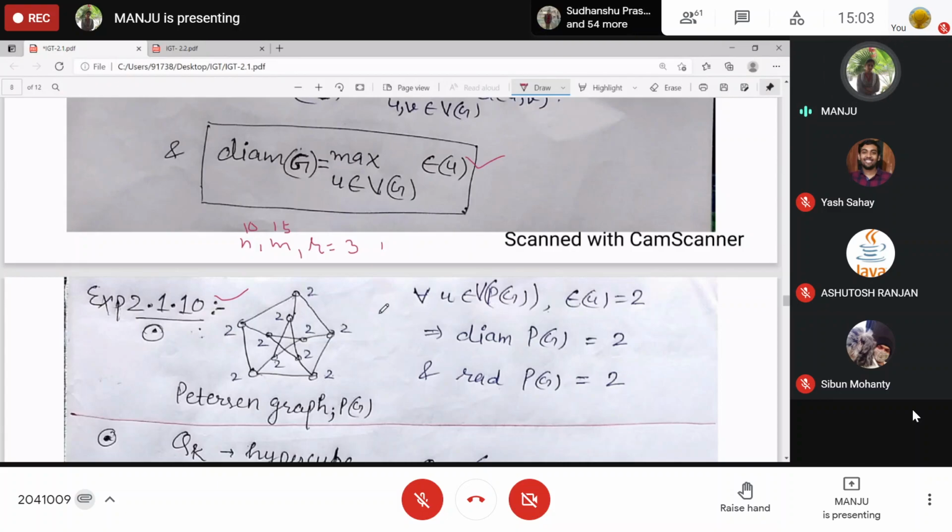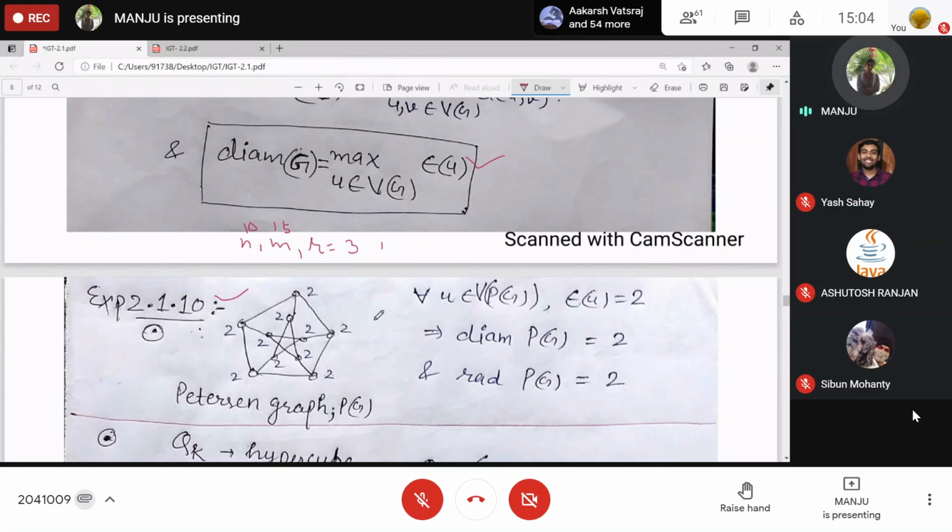Is this a bipartite graph? A graph is bipartite if and only if it does not contain any odd cycle. It contains C5, an odd cycle, so it is not bipartite.